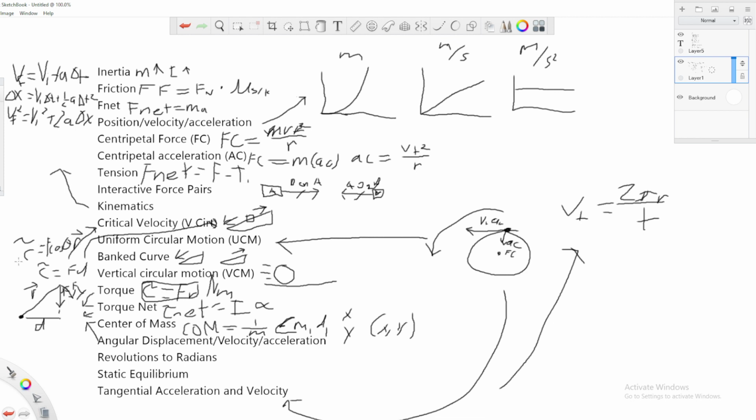So there's two ways to do that. First way and the second way.